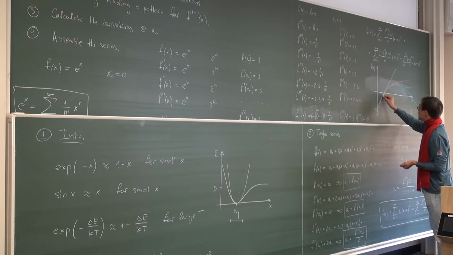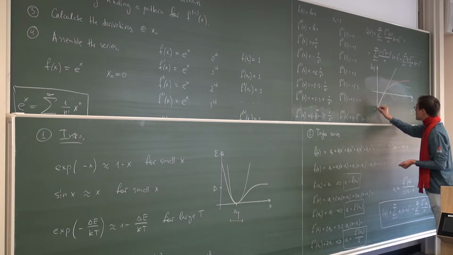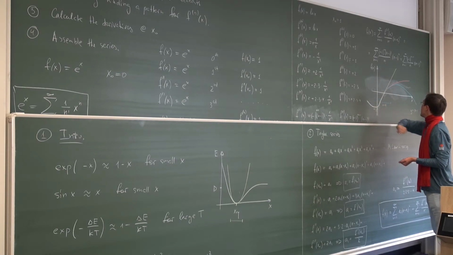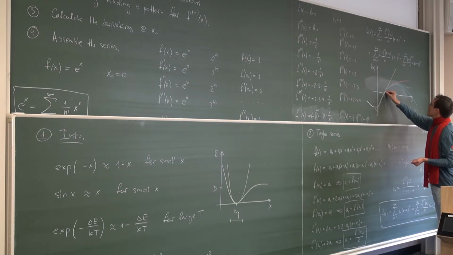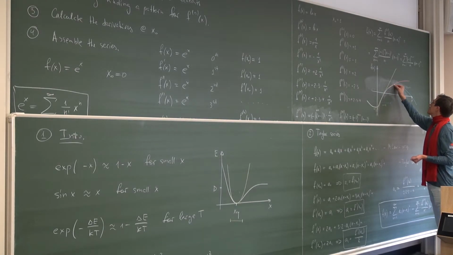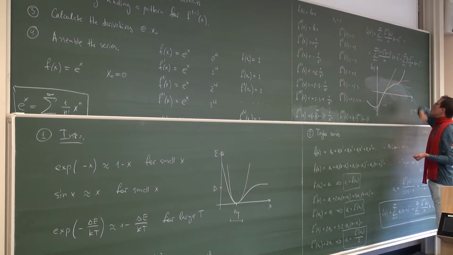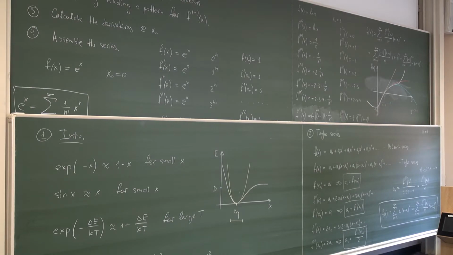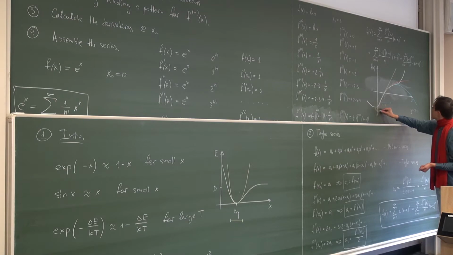It will deviate from the log somewhere here, and then keep going for rather a long time until it will suddenly blow up and become a cubic function again. So for the cubic, the range of reasonable approximation is approximately up to here.